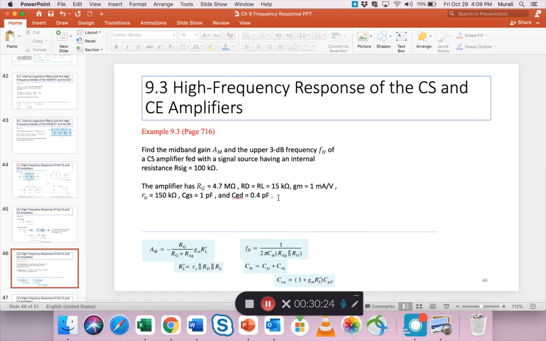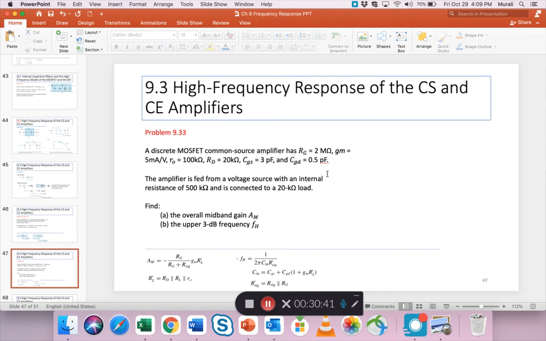So not very high. It's only 382 kilohertz, not gigahertz or megahertz, for FH. Okay, so not much more to be done there.